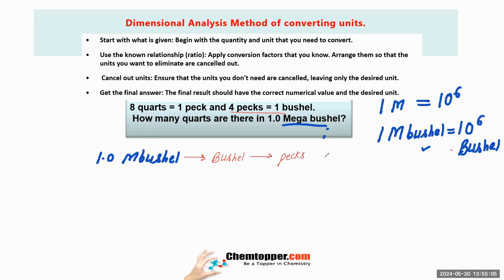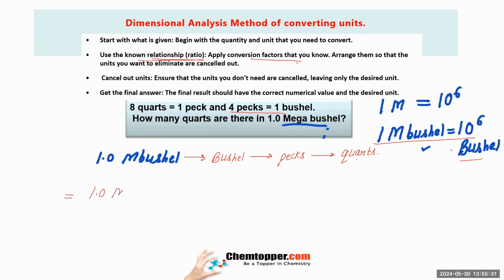And from packs, I can get quarts. So let's start with what is given to us. Now, to go from mega bushel to packs to quarts, I'm going to use all these relationships in the form of ratio. Okay, so let's start.